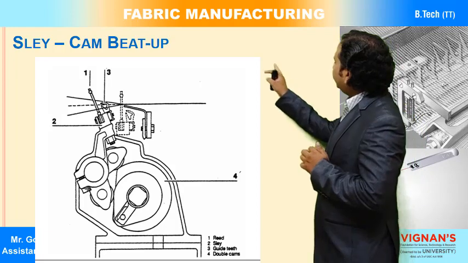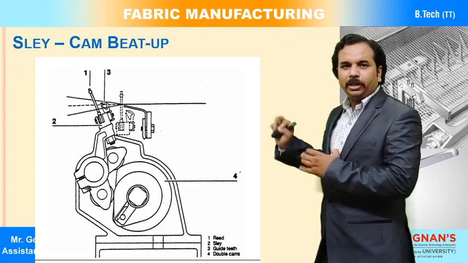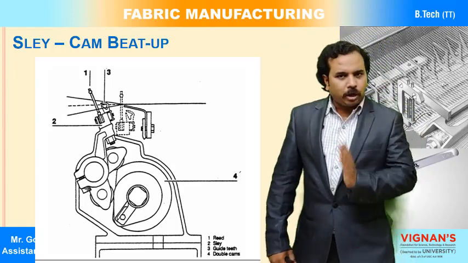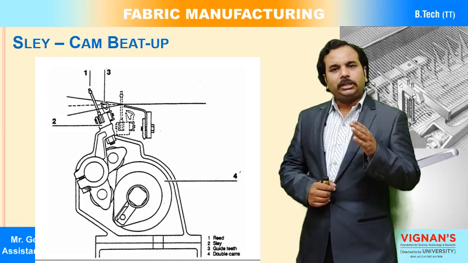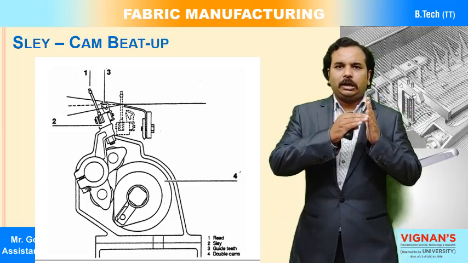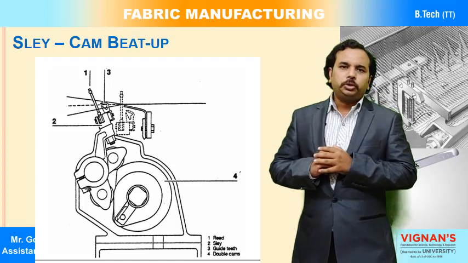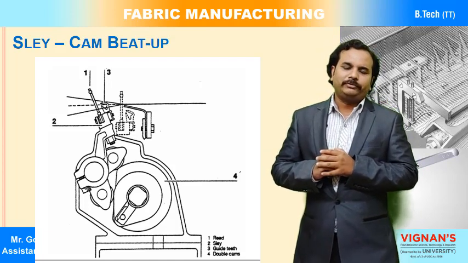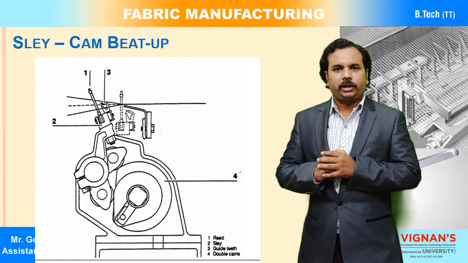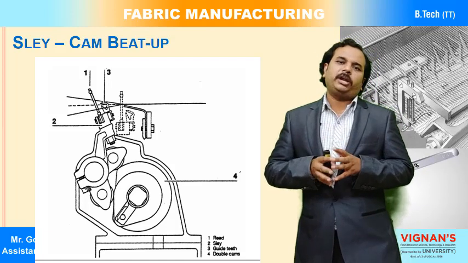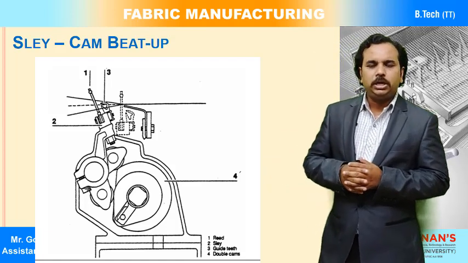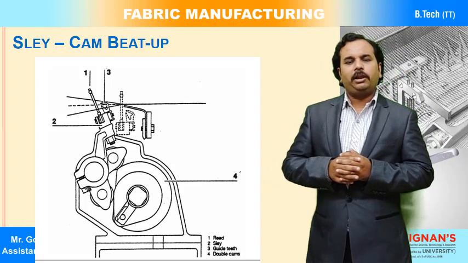You can observe that when the beat up is happening, the guide teeth go down below the fell of the cloth, and the reed, at the middle top position, is pushed towards the fell of the cloth. So this is how the beat up mechanism works in projectile weaving.